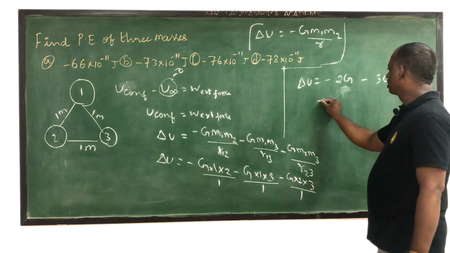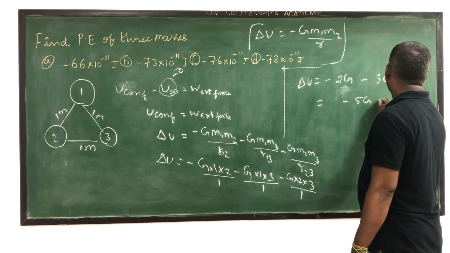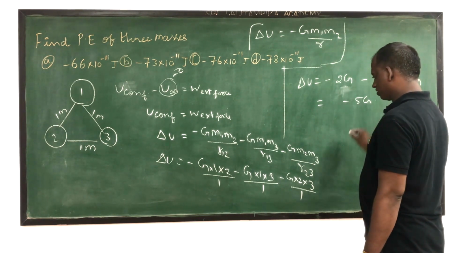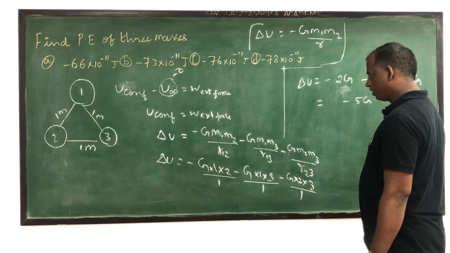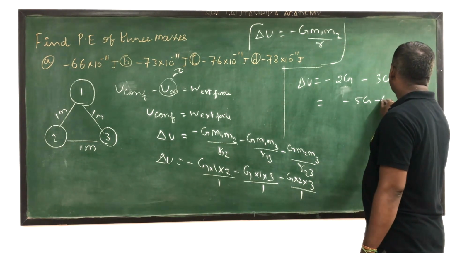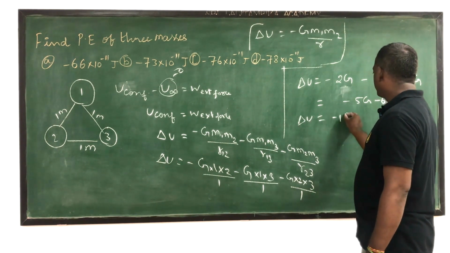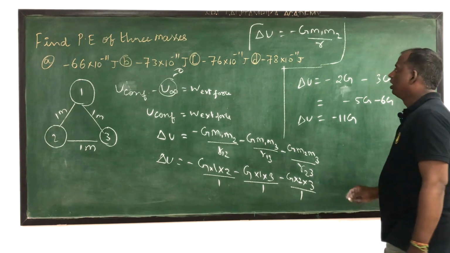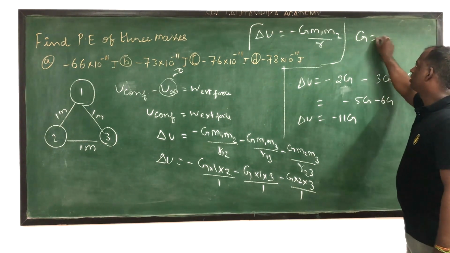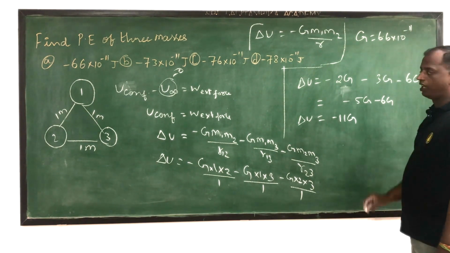So minus 5G, so potential energy is minus 5G minus 6G, which is equal to delta U is equal to minus 11G. G value is 6.67 into 10 power minus 11.